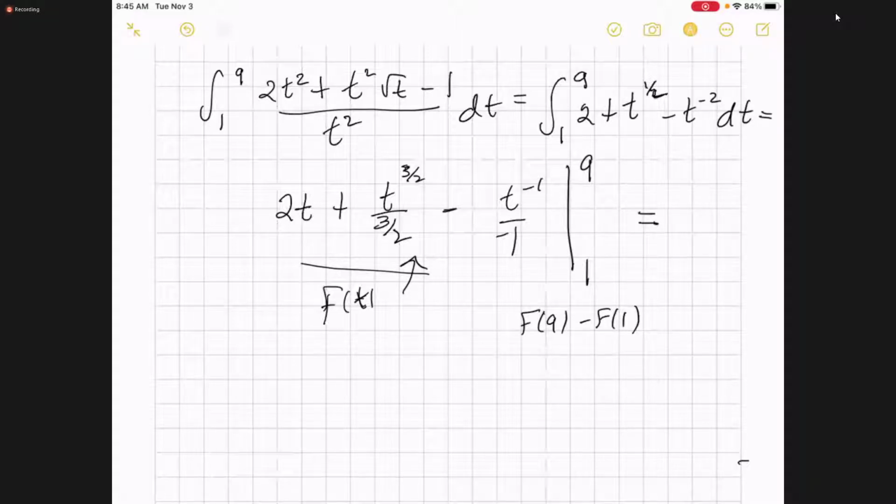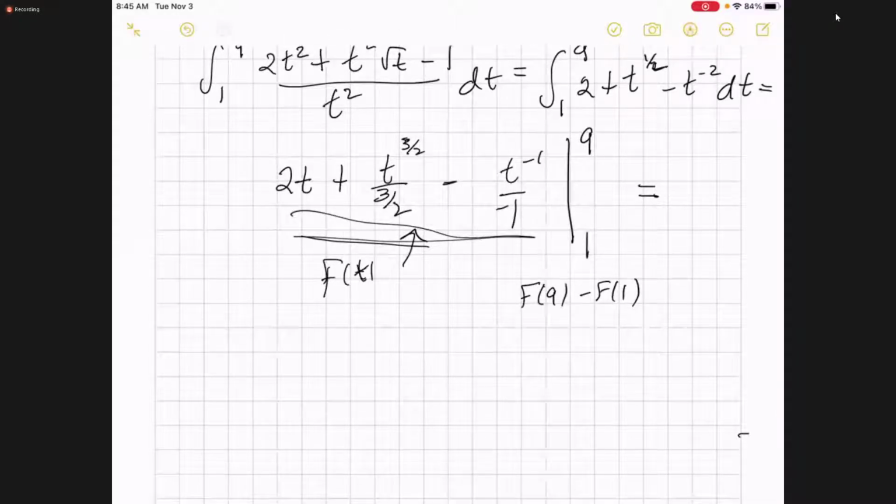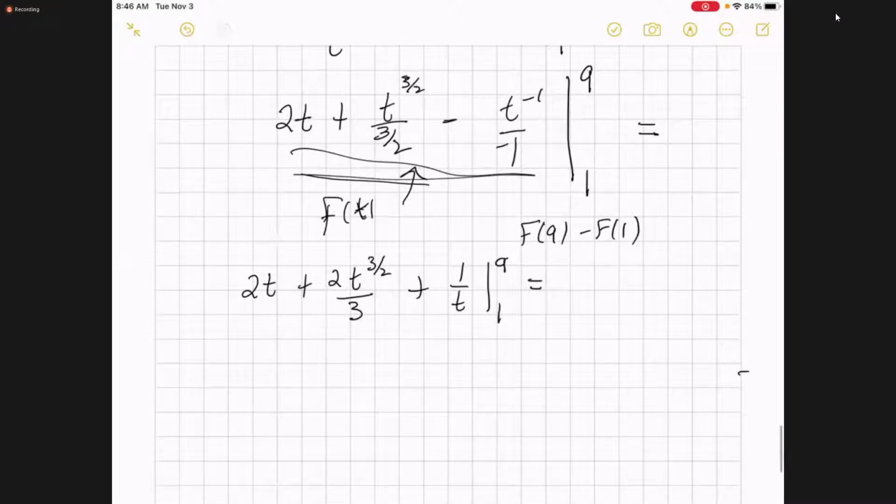I'm going to clean this fraction up first. It helps you not to make errors if you write things in a nicer form. That minus is going to be plus 1 over t. And now finally, I'm going to put my numbers in.